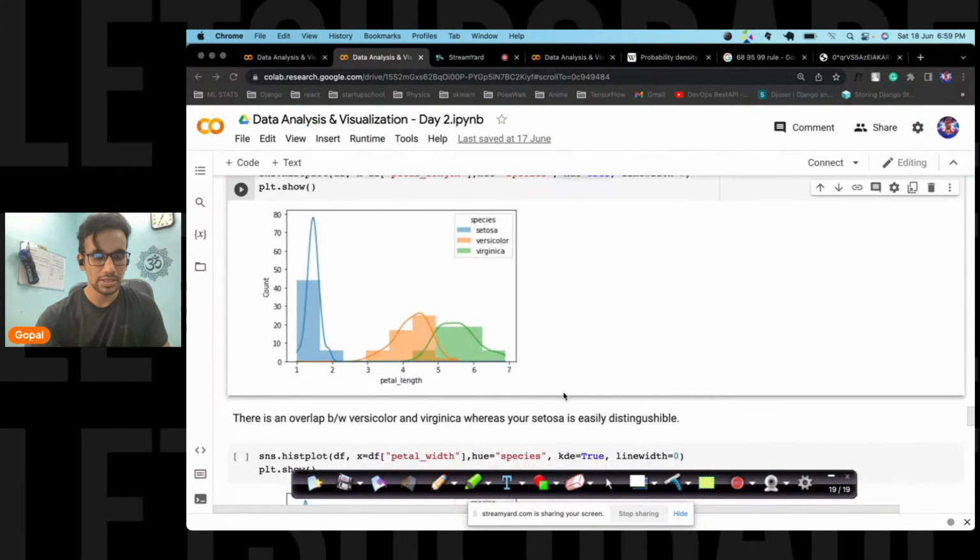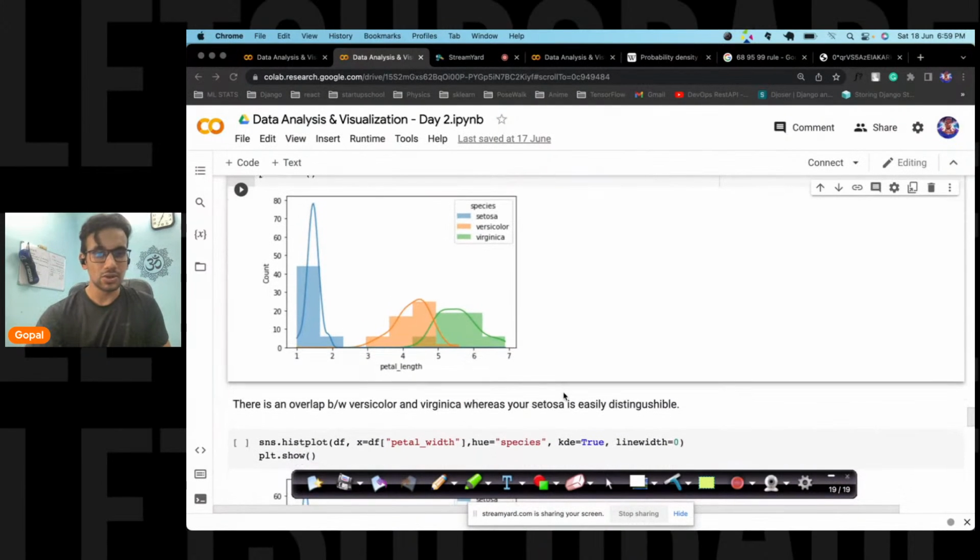You can see there is an overlap between versicolor and virginica, whereas setosa is again easily distinguishable. Now we have got this here, which is again overlapped. What we care about here is this graph.